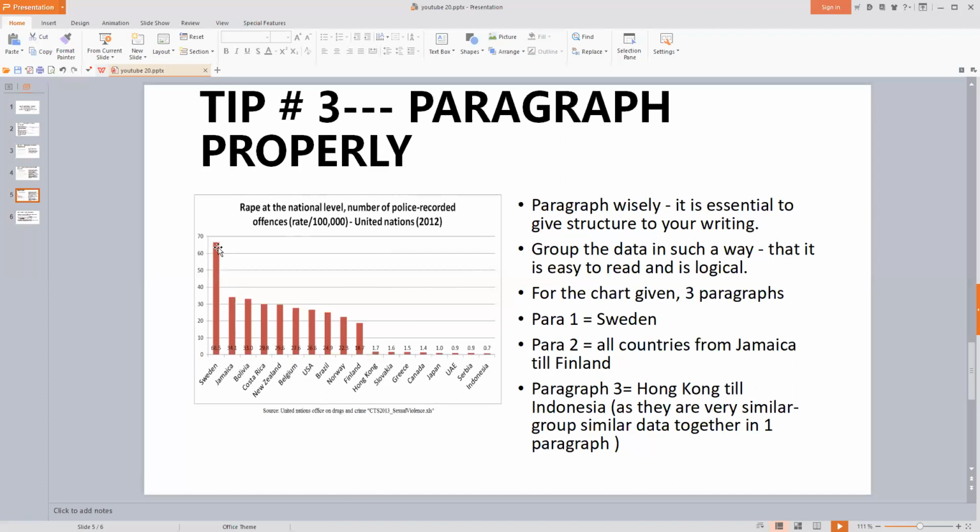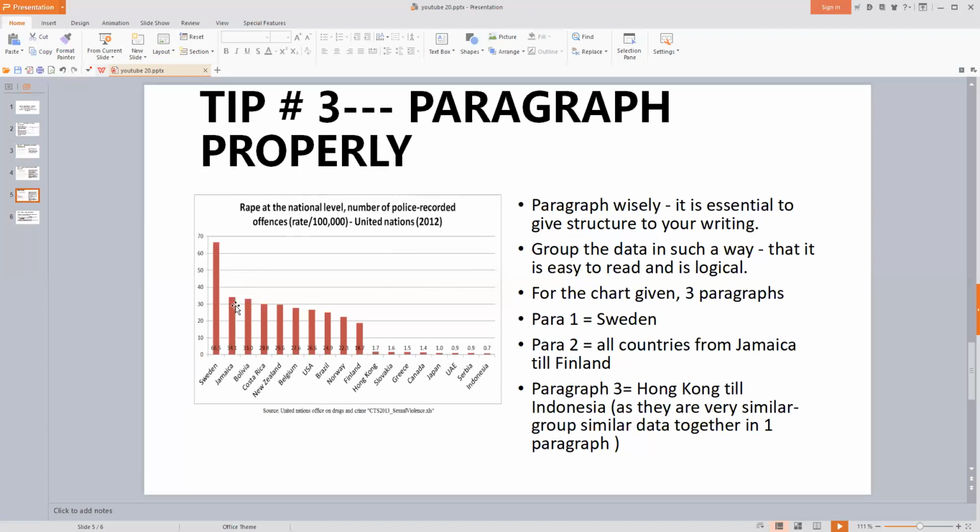And guys, remember, there is no right and wrong when it comes to paragraphing. But what you have to do is analyze the graph and see how you can group the data together so that it is logical. You have to find what's similar and what's different. The reason why I would write in paragraph 1 about Sweden only is because it is very different.